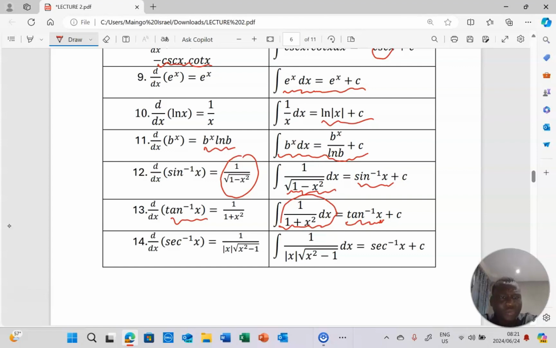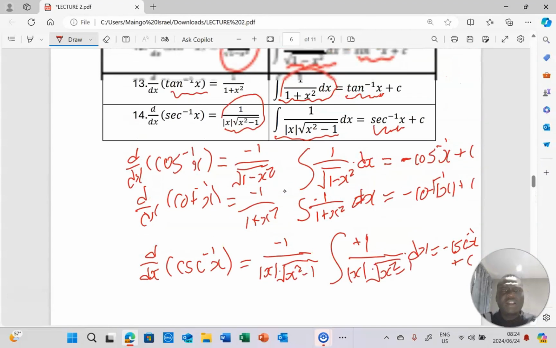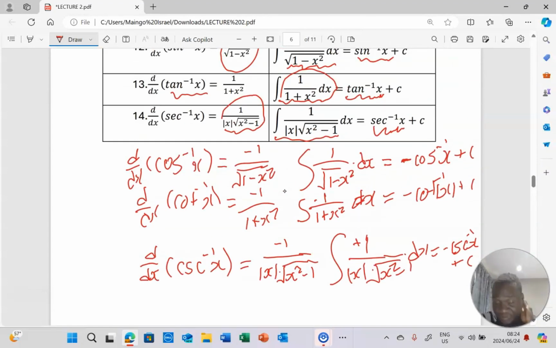So 14, we have d over dx of inverse sec of x, which is equal to 1 over the absolute value of x times square root of x squared minus 1. Its integral is nothing but inverse sec of x plus a constant c. So these are the things.